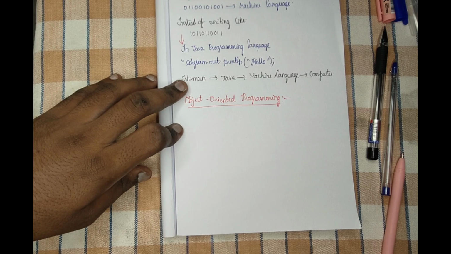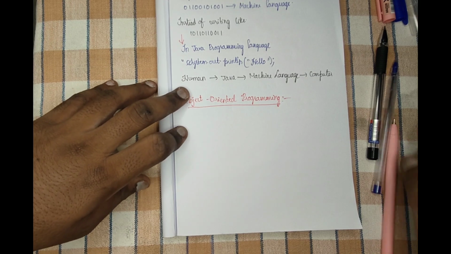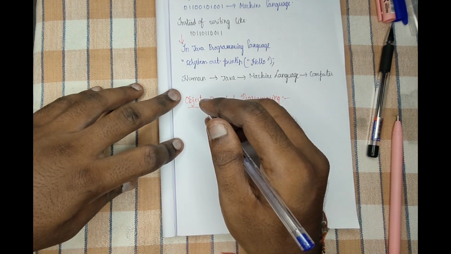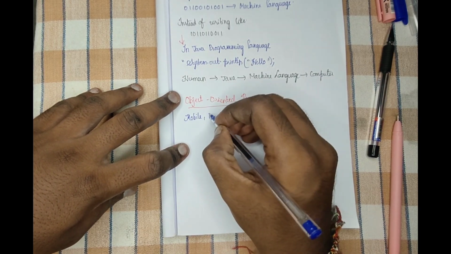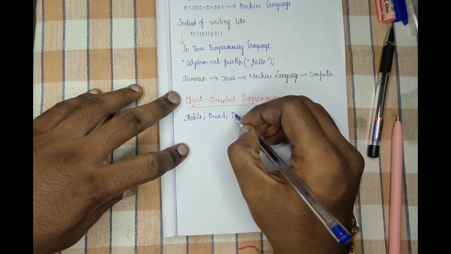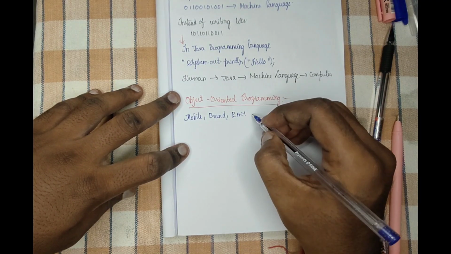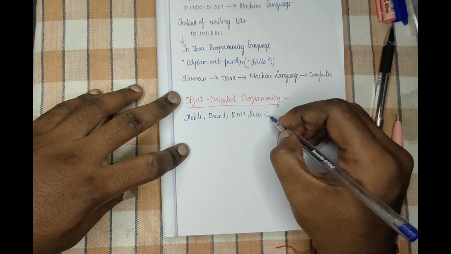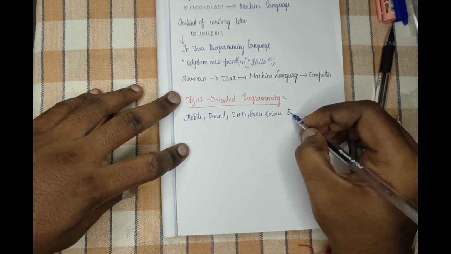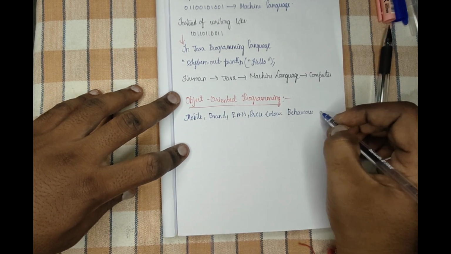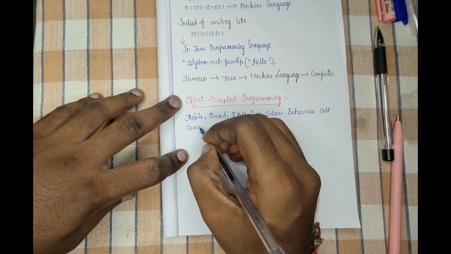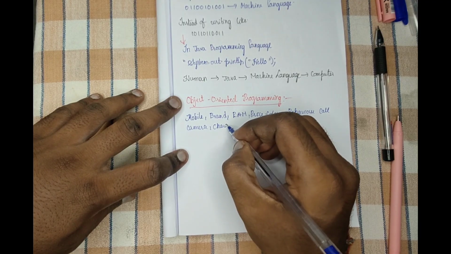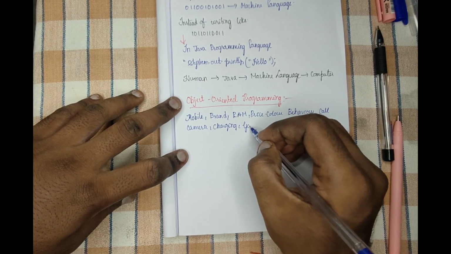Take a mobile as an object. Its properties are brand, RAM, price, color. Its behaviors are call, camera, charging, gaming.